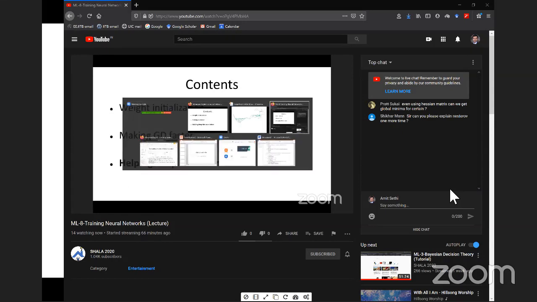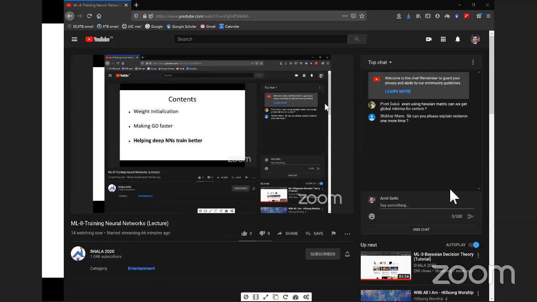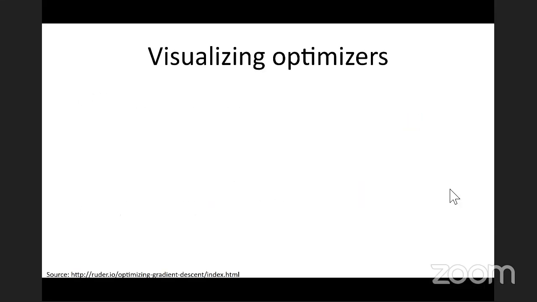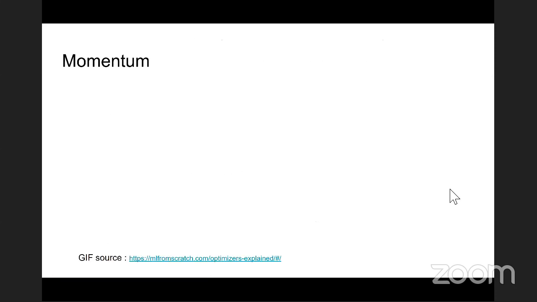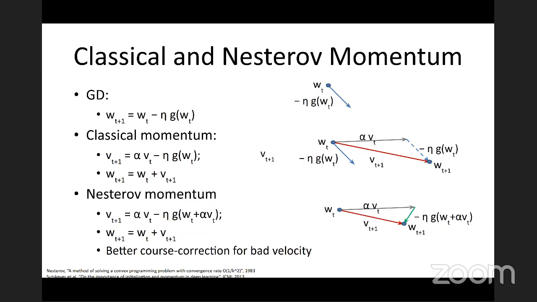Then Shikhar is asking, can you explain Nesterov one more time? So let's go back to Nesterov. In classical momentum, basically you had some previous weight update, W t minus 1. So let's say that was this particular one where I'm moving my cursor. You take an alpha times that, so you continue to go in that direction due to momentum, and then you have a new weight update, and you take the vector sum of that, and that is your actual updated value now, right?